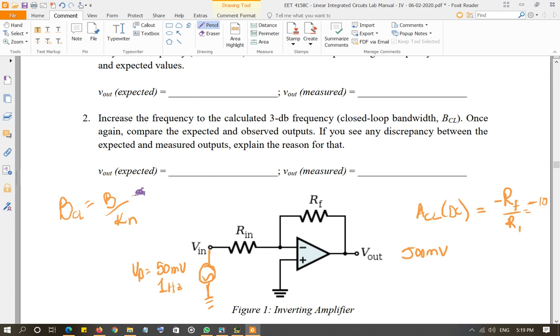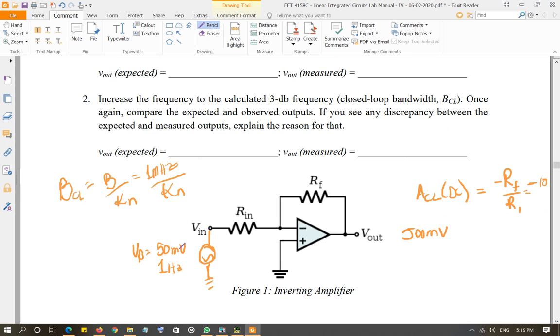Unity gain bandwidth for the 741 is 1 megahertz, and noise gain you're going to calculate for this circuit, whatever value comes out. So you're going to change the frequency in the second step to this value.